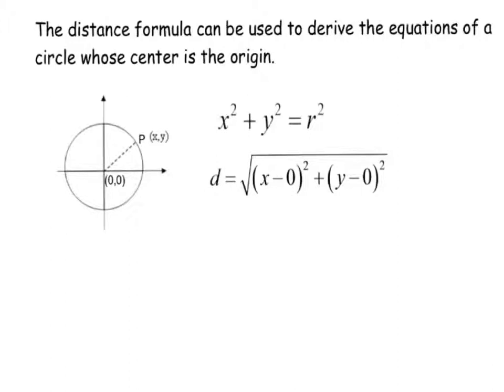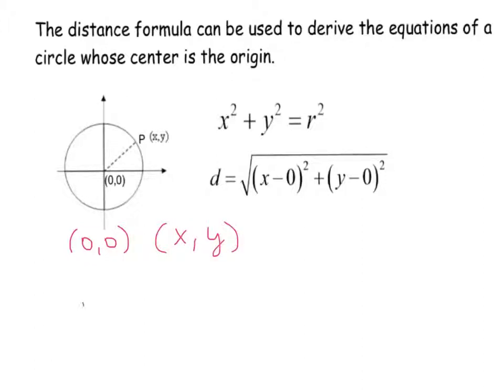So let's look at this. If I have a coordinate plane, and in the coordinate plane I graph a circle that has a center at the point 0, 0, and another point P which is on the circle, the first thing I can do is find the distance between the point which is 0, 0 and point P. So I have a point 0, 0 and I have x, y.